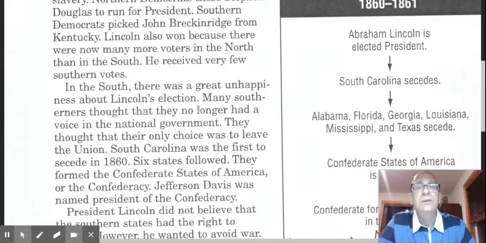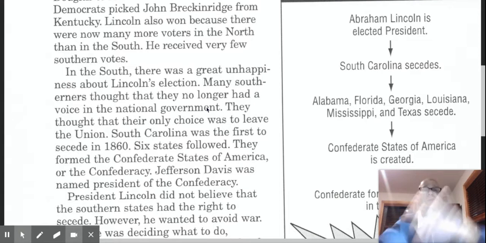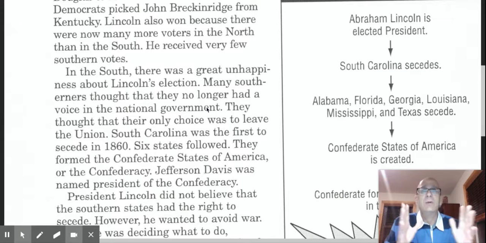Many Southerners thought that they no longer had a voice in their national government. The election of Lincoln to many white Southerners was seen as the death knell to slavery. They feared that with Lincoln's election, the move to abolish slavery would be right around the corner.